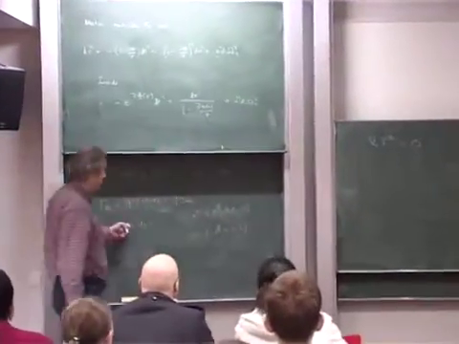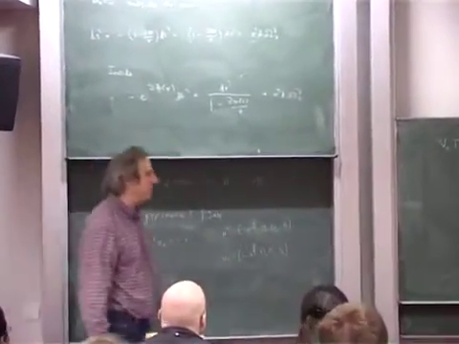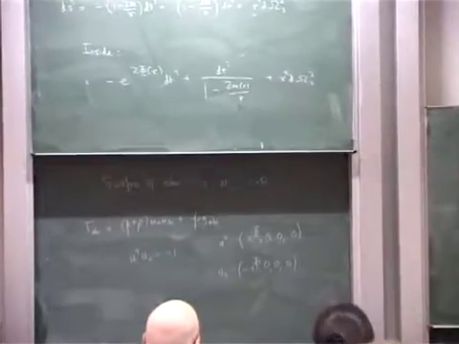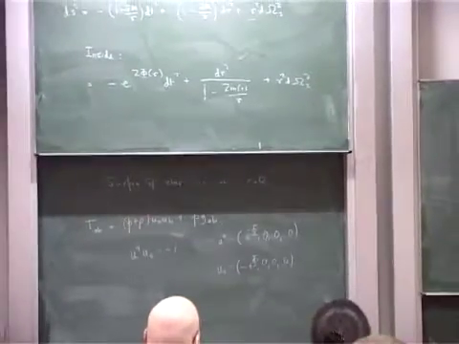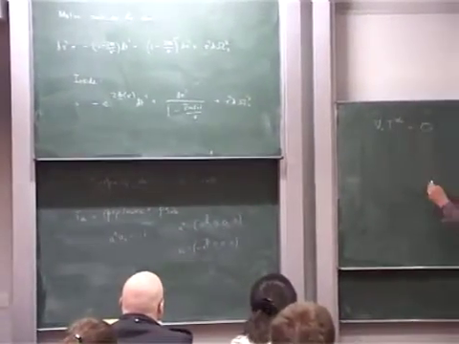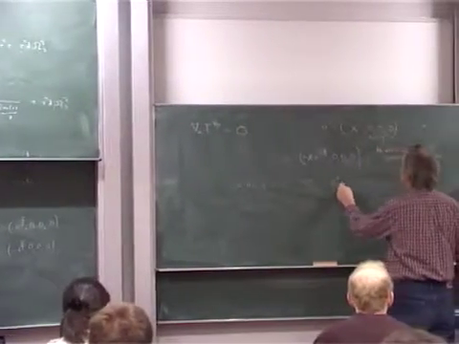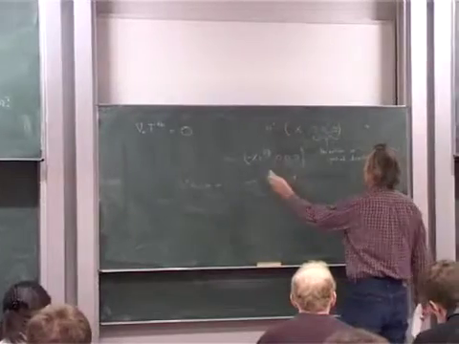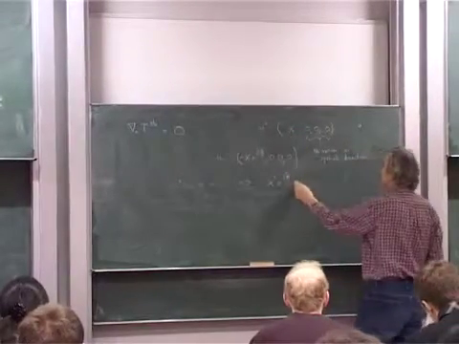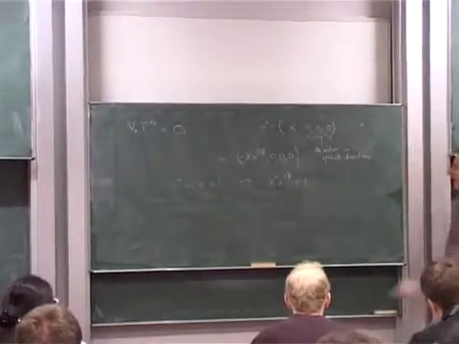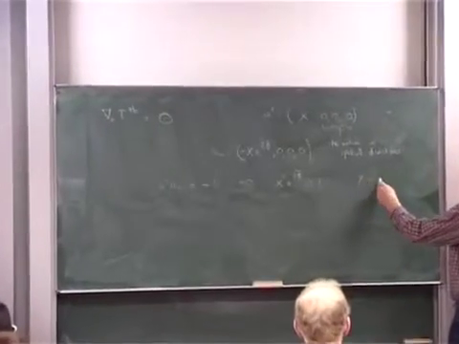And lastly, because you know that U^A U_A has got to be equal to minus 1, so that the thing is properly normalized for a velocity, that implies that x squared e to the 2 phi, that times that, is equal to 1. So x is e to the minus phi.